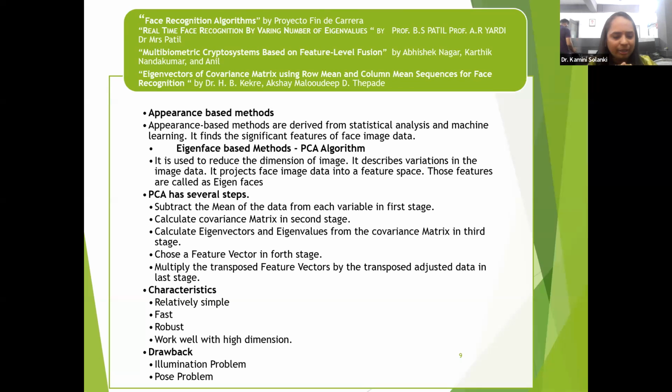Now what is dimension reduction? Suppose, for example, we have 1,000 students, right? And we need to verify the marks of 1,000 students. So there are two options. Either I can verify the marks of each and every one of the 1,000 students one by one, right? The second way is I can randomly verify the marks of students who were absent in the exam, and I can verify the marks of scholar students, the topmost students.